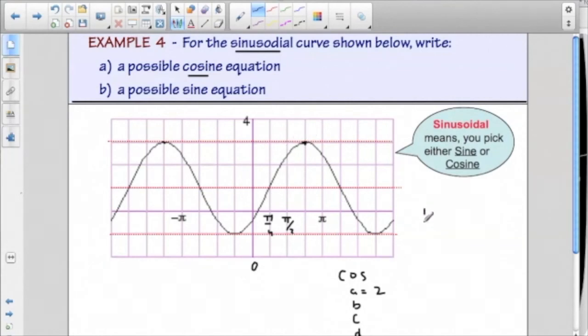So our period is 8 ticks, and our ticks were pi's over 4s, which gets me 2 pi. But I don't want the period in this, because I want an equation. So it's 2 pi, it's the same formula. It's 2 pi over the period to get B. So our answer is going to be 1.